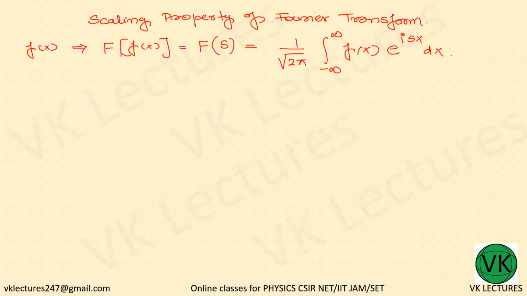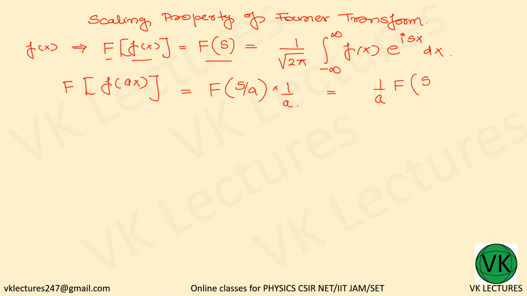Now what the scaling property says is that if the Fourier transform of f of x equal to f of s, then Fourier transform of f of ax equal to f of s by a into 1 divided by a, or you can write it as 1 by a f of s by a.